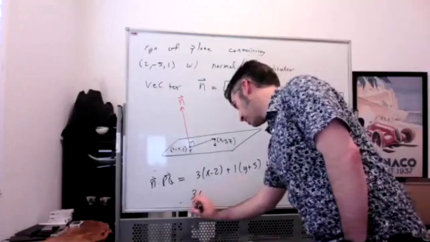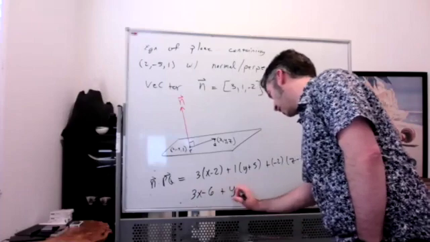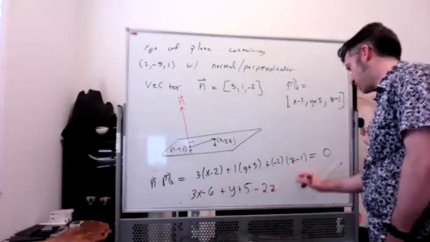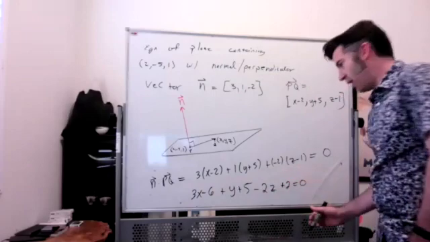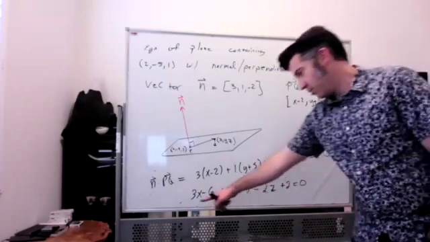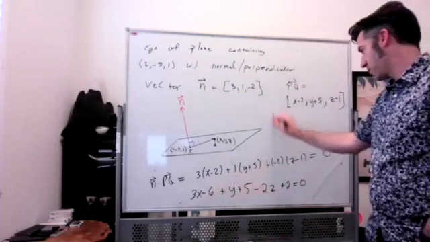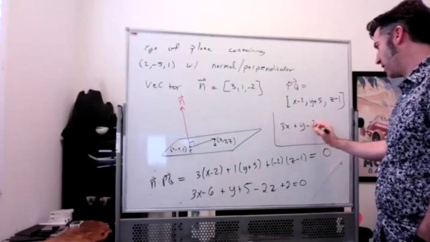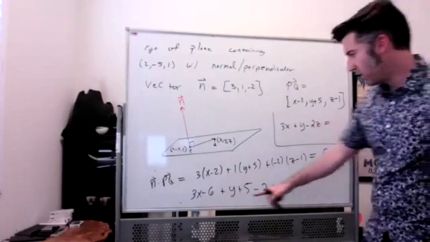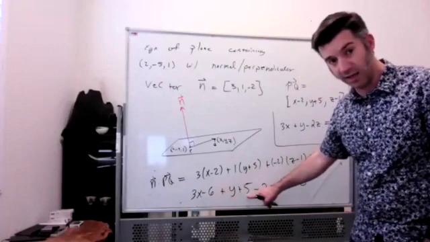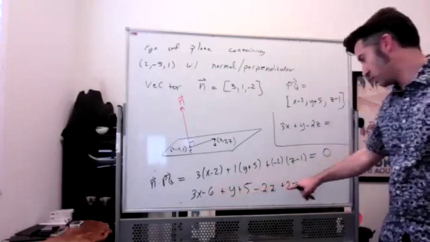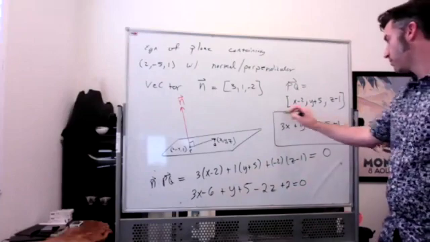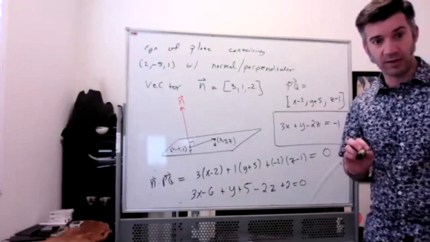I've got 3x - 6 plus y + 5 minus 2z plus 2 equal to 0. And then writing in the standard way, leaving the x, y, and z on the left, I've got 3x plus y minus 2z equal to, let's see, -6 plus 5 is -1. -1 plus 2 is +1, but then when I bring it over to the other side, it's going to be -1. So that's the equation of the plane.